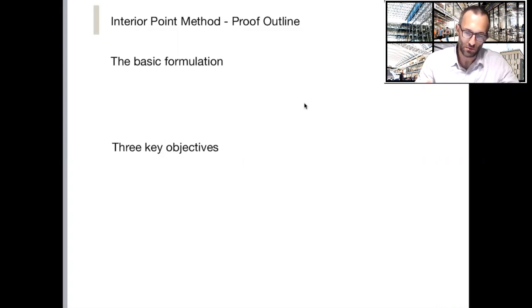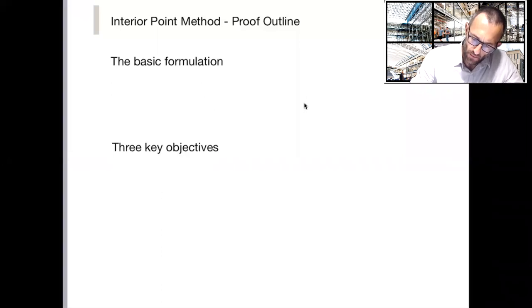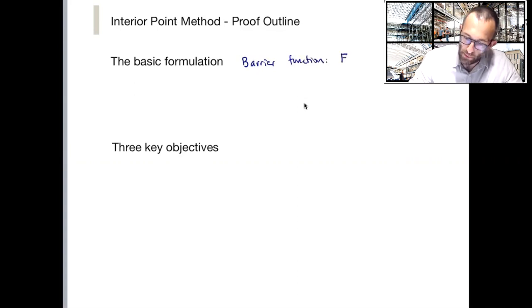So recall that we have our barrier function, which I'm going to denote by f0 of x. And this barrier function goes to infinity when we approach the barrier of our set.